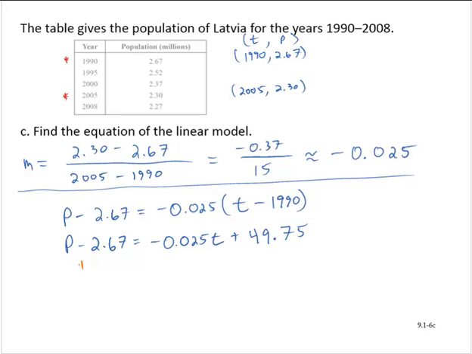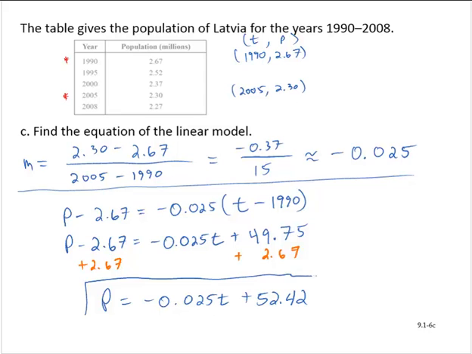I'll add on the 2.67 to both sides, and that gives us 52.42. So P is equal to negative 0.025 T plus 52.42. So there's the linear model for that data.